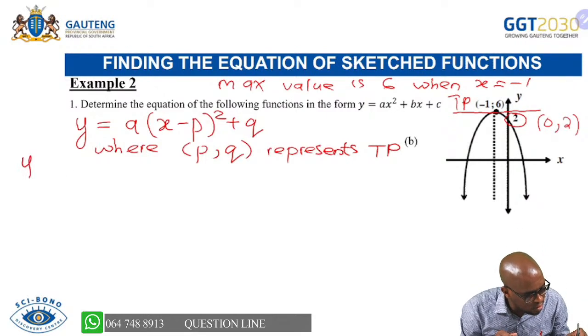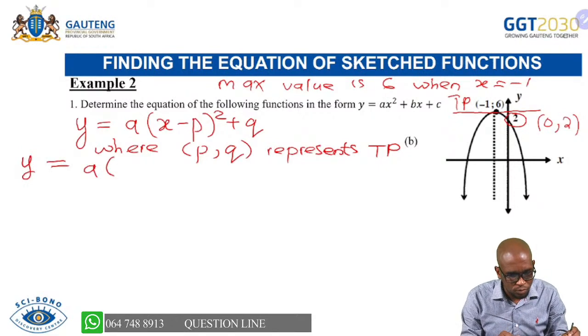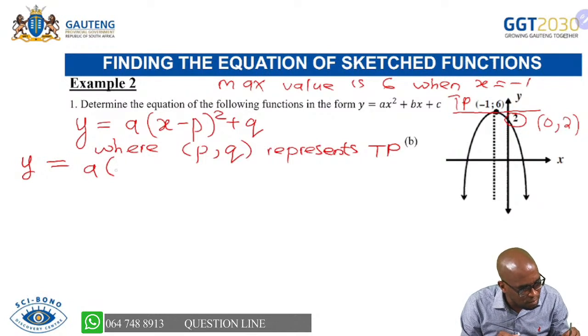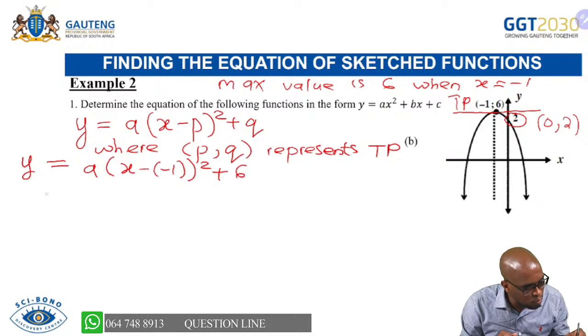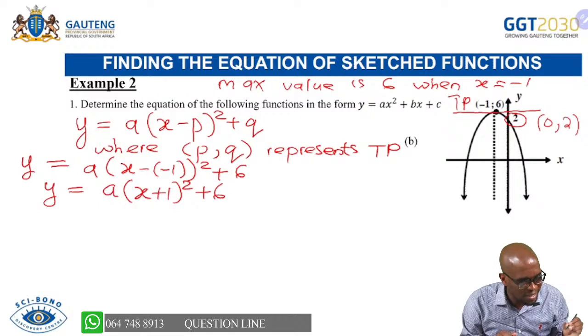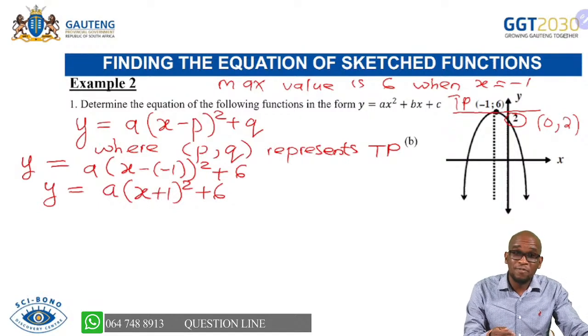Now, it should be y is equal to a into x minus -1 all squared plus q, which is 6. So this equation is y is equal to a into x plus 1 squared plus 6. This is the equation when we've substituted the turning point.